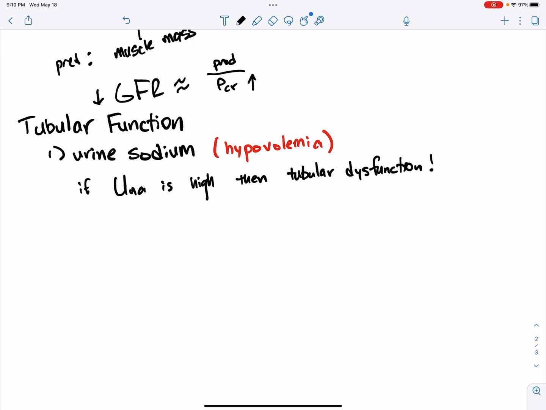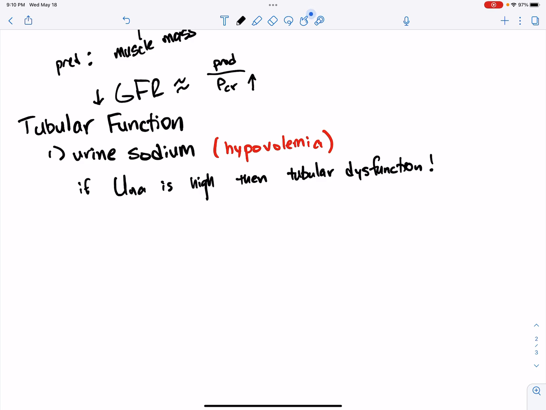But the issue with this is, urine sodium is tough, right? Because if we don't have hypovolemia, or say we're producing dilute urine, or for whatever reason we're getting a high volume through the tubule, that could dilute our urine sodium and make it look normal.